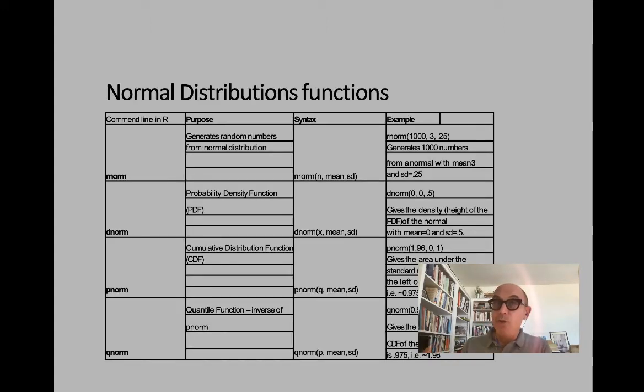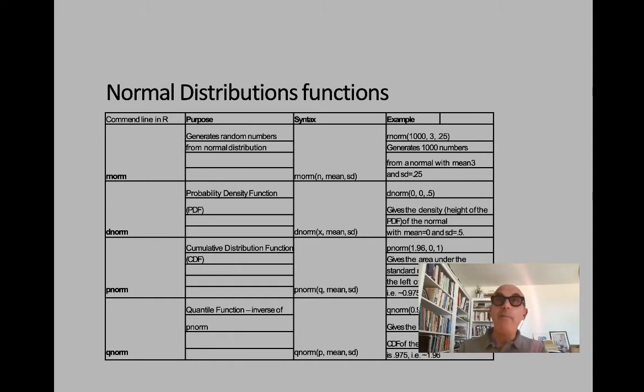But I'm talking about functions, and as you can see, the R function has the idea of rnorm, and the purpose is to generate random numbers from a normal distribution, and it will give us the following. And we also have the probability density function, dnorm, and in this case it will execute the following.